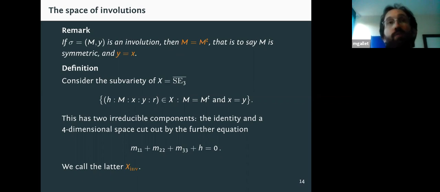So in terms of the coordinates that we introduced before, an involution is determined by imposing that the matrix M is symmetric, so M equals M^T, and the two vectors X and Y are equal, so the vector X equals the vector Y. So the variety we obtain is a 4-dimensional variety, which we call X-inv.